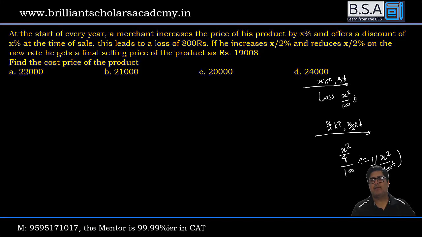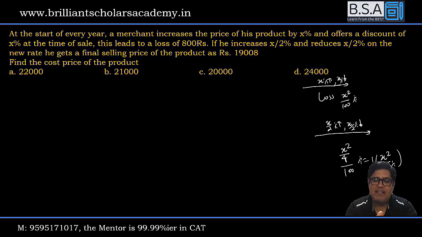Observe, apply this thought process to your current problem. Increase and decrease by the same percentage is always a loss of X square upon 100 percentage. But in the second case, I am not performing increase and decrease by the same amount.